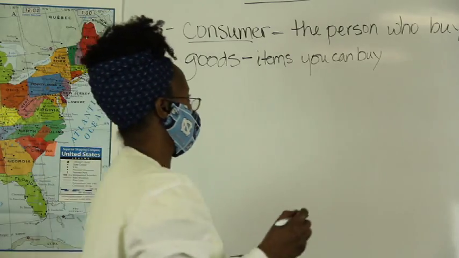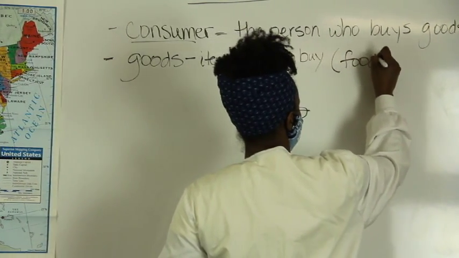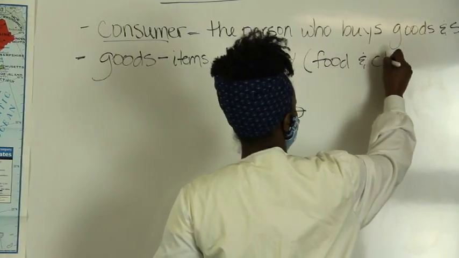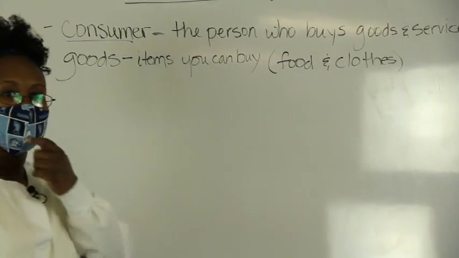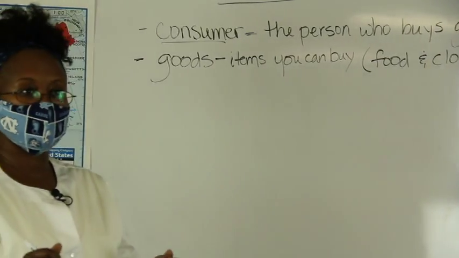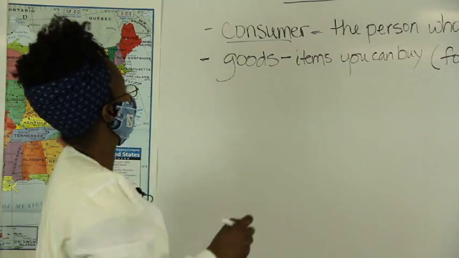That would be things like food and clothes. You can go to a store and actually put your hand on it and say, I want to buy this. So those are goods.